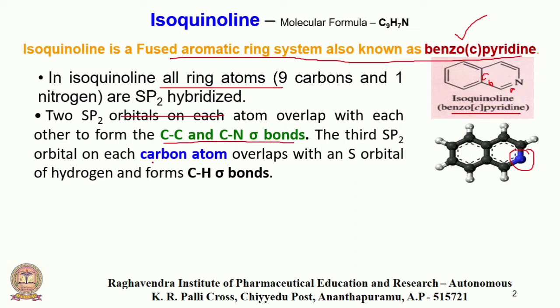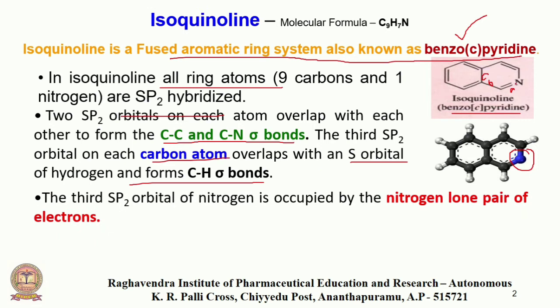The third sp2 orbital of each carbon atom overlaps with the s orbital of hydrogen to form a C-H sigma bond.